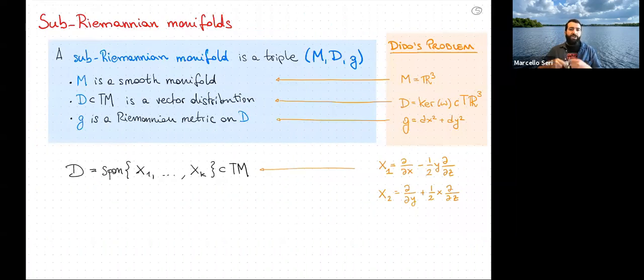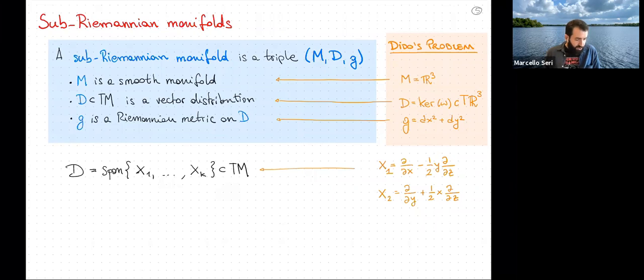If you write down a generic vector with those X1 and X2, you will see that you recover the extra requirement that a curve in the distribution has to be a curve that kills this one-form dz minus 1/2 x dy plus 1/2 y dx.